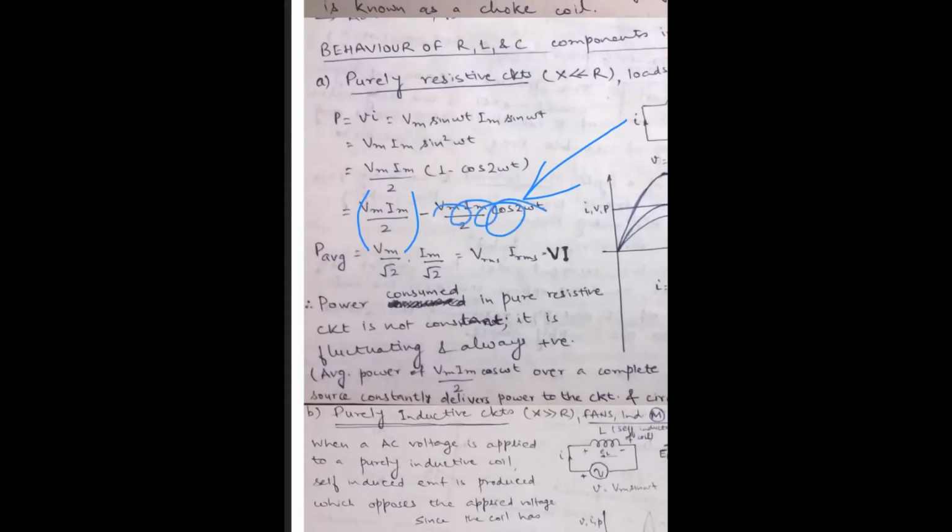So it becomes 0, and this becomes Vm Im by 2. It can be denoted by Vm by root 2 and Im by root 2. And this Vm by root 2 and Im by root 2 become the RMS values, and hence these are denoted by capital letters, in bold if possible. If possible you can write in a bold manner as shown, but otherwise at least you should write them by capital letters.